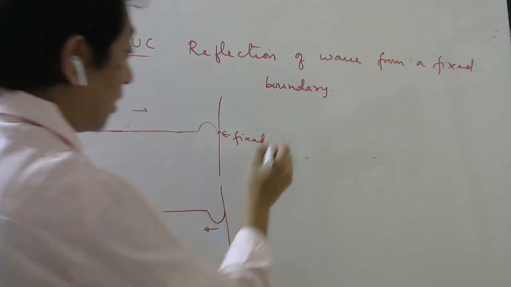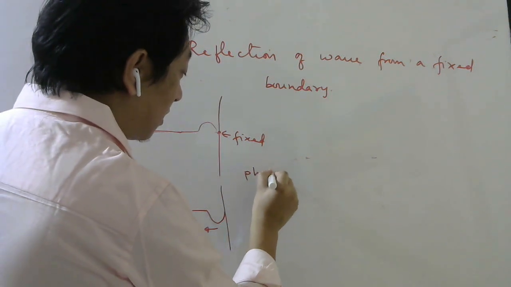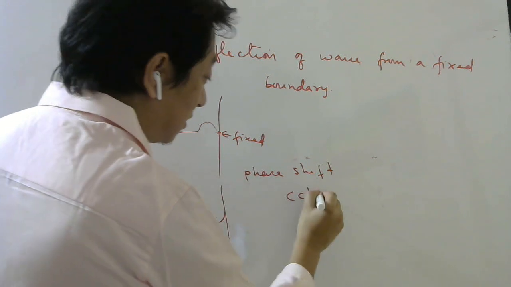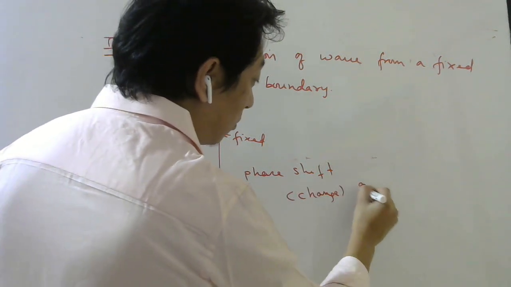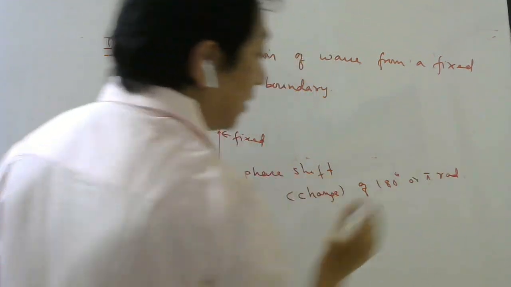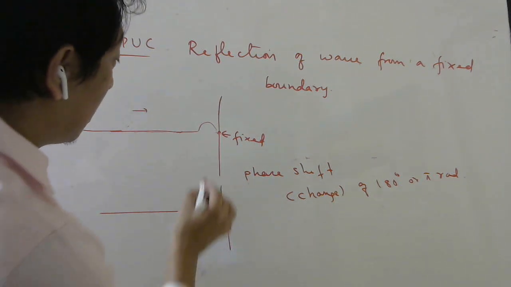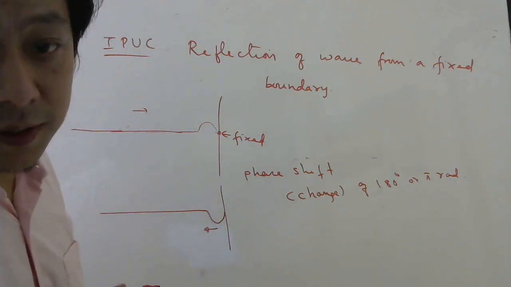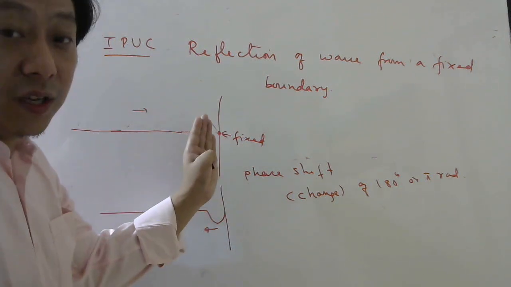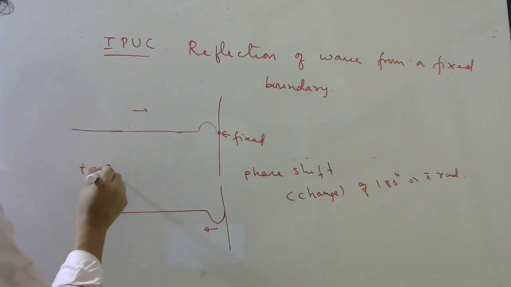In other words, due to this kind of reflection, there will be a phase shift, or you can say phase change, of 180 degrees, or pi. Now, why am I teaching this in this chapter? Another way to understand, students, is that at any point here, the displacement should be 0. Now think, just before hitting and just after hitting. Let's say at 2 seconds it hits.